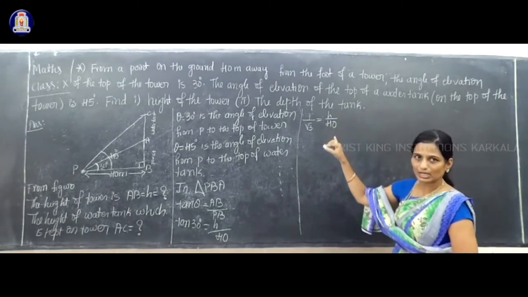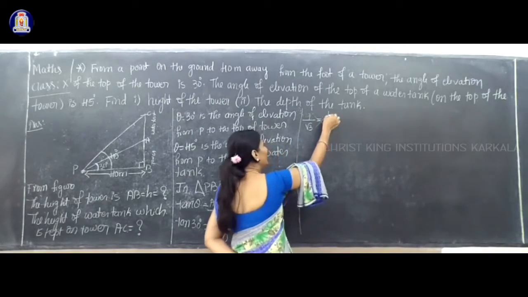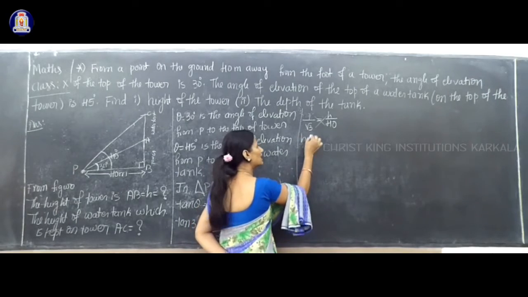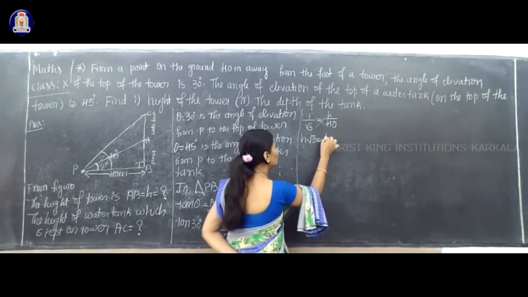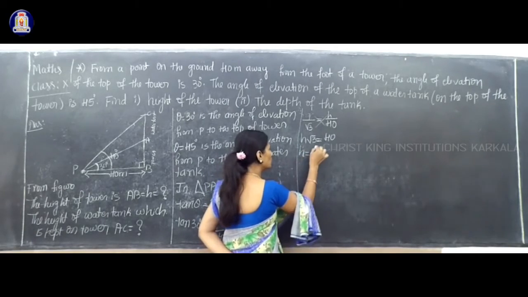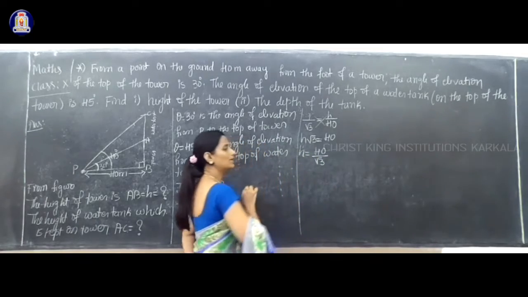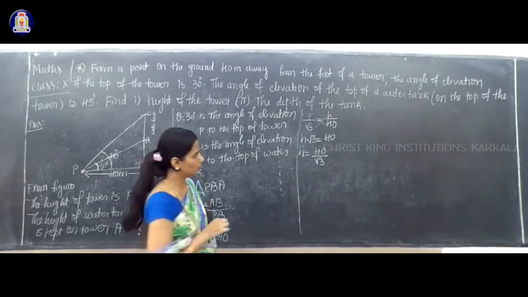By this I need to calculate H. So cross multiply: H root 3 is equal to 40 into 1, which is 40. So H is equal to 40 divided by root 3.